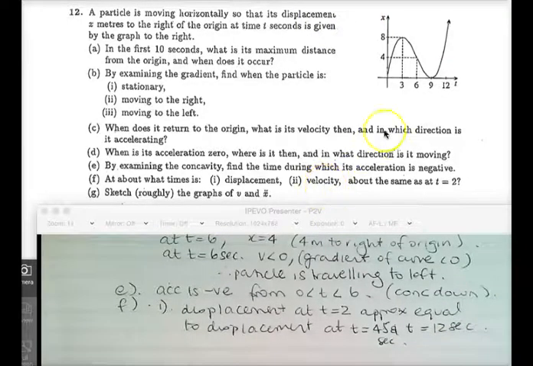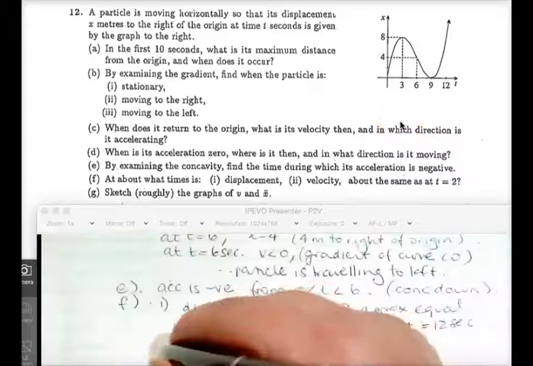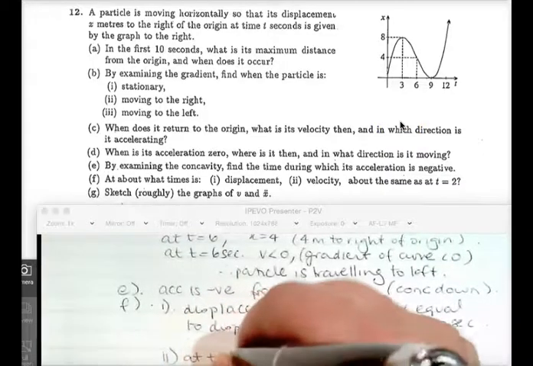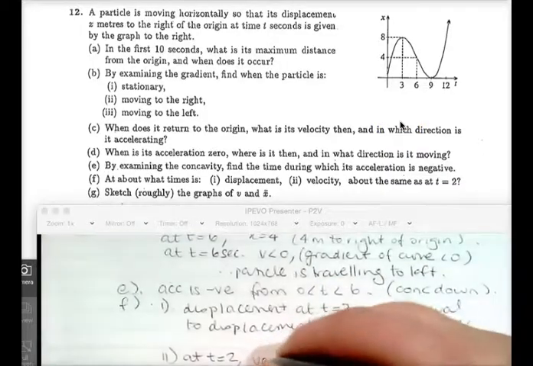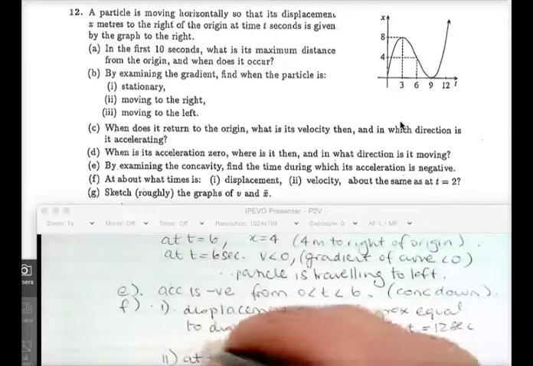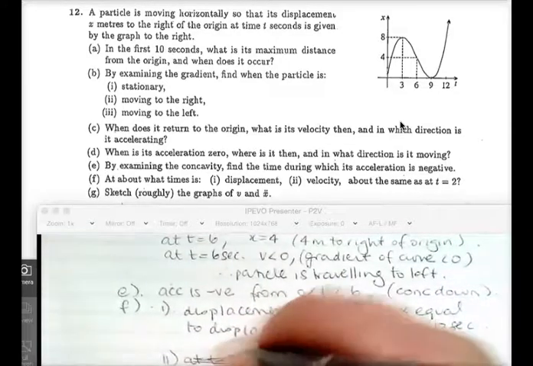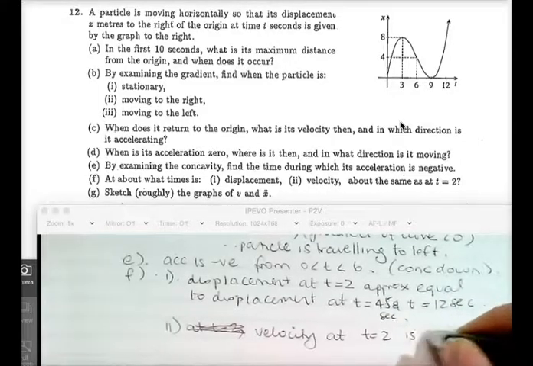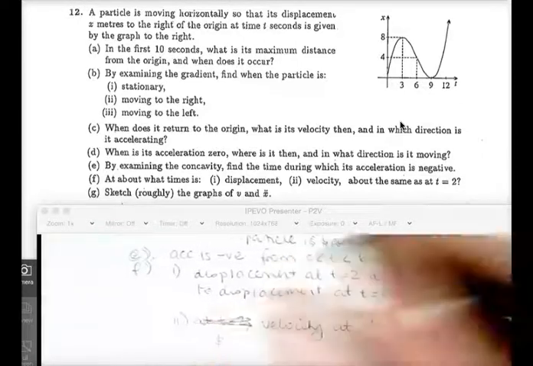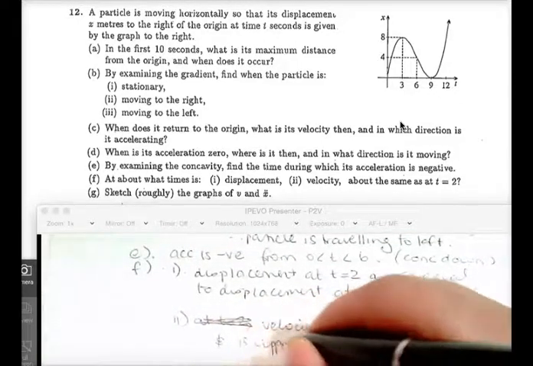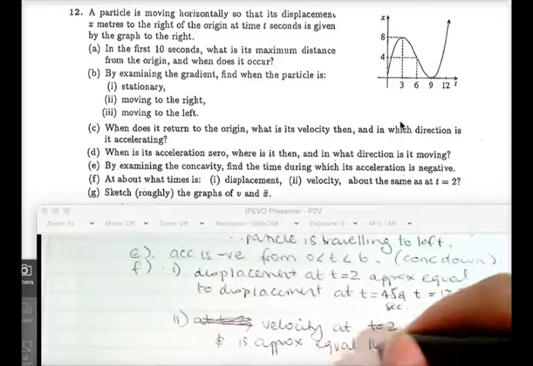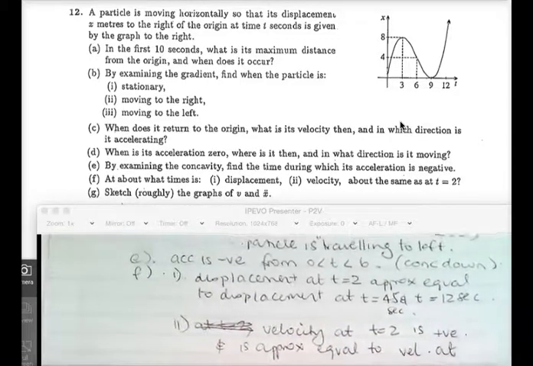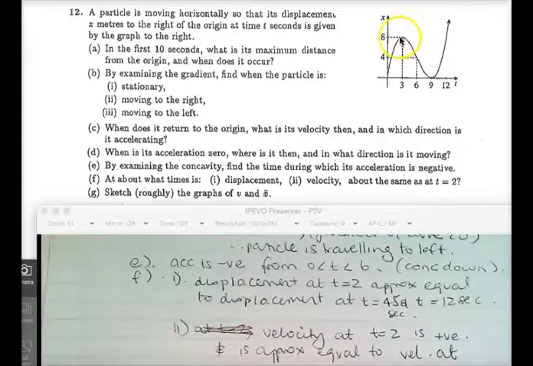And when is the velocity the same as at t equals 2? At t equals 2, velocity is positive, and is approximately equal to velocity at... now we need to get a gradient here. At t equals 2, the gradient's about that. I'm looking for the same slope.